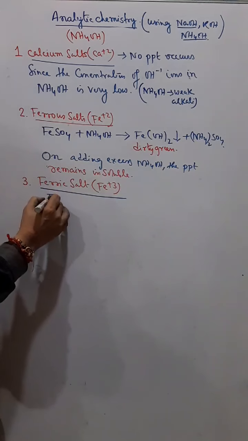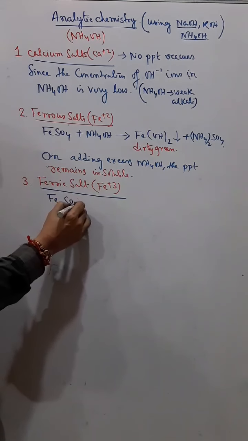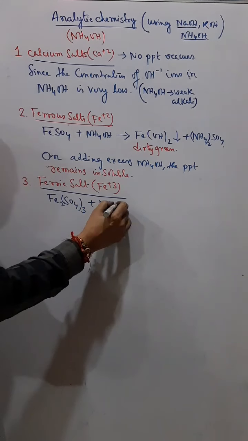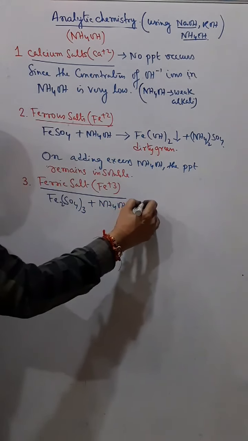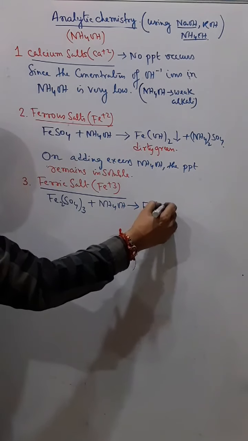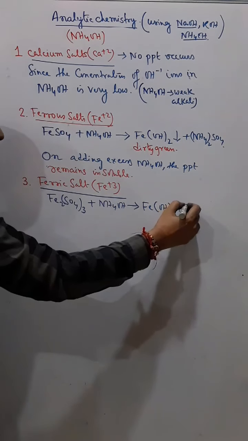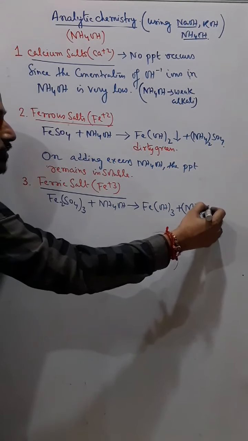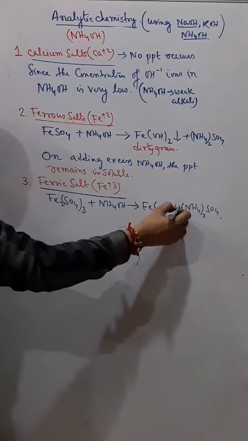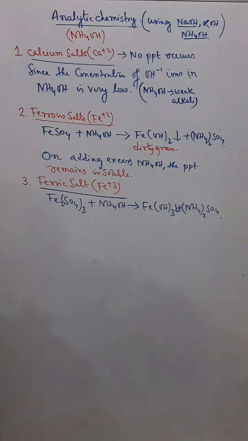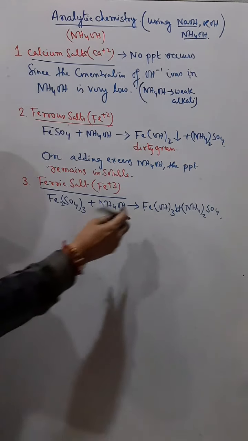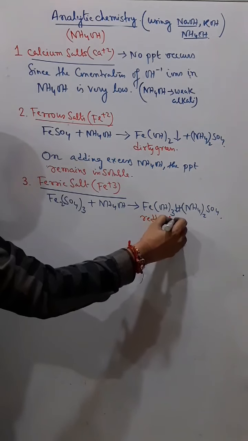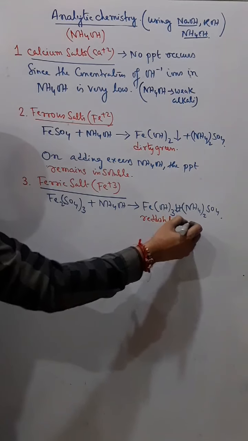So if I take ferric sulfate, Fe2(SO4)3 plus NH4OH, similar reaction here also, Fe(OH)3 plus (NH4)2SO4, and here the precipitate, ferric hydroxide, is reddish brown. So reddish brown precipitate.